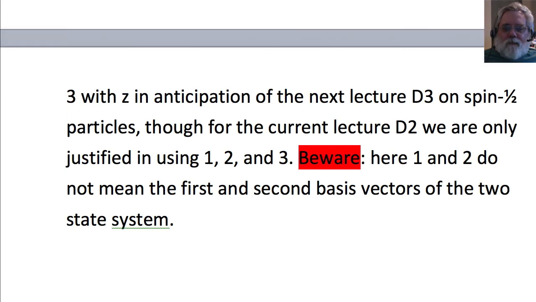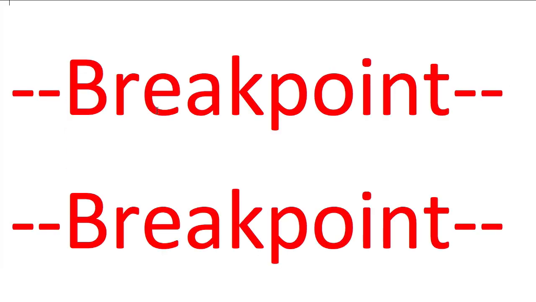Now beware, here we're going to use ket 1 and ket 2, but here 1 and 2 mean the first and second Pauli matrix. We don't mean the first and second basis vectors of the two-state system, so don't confuse that. This is a possible time to take a break.